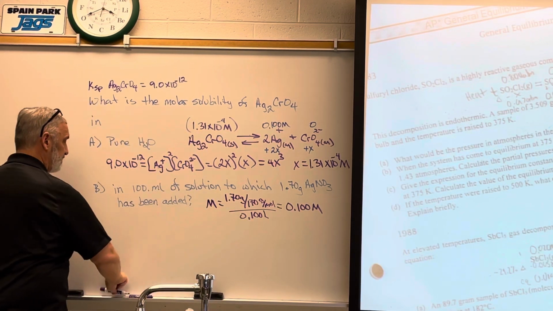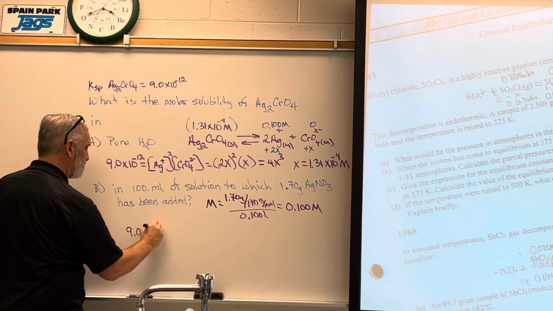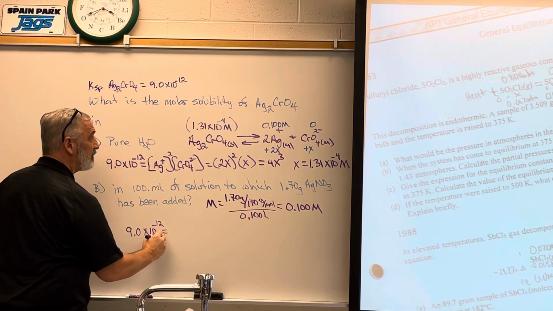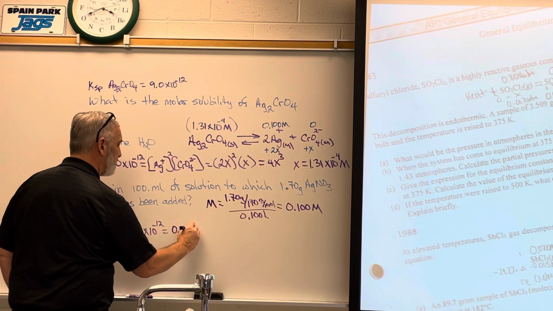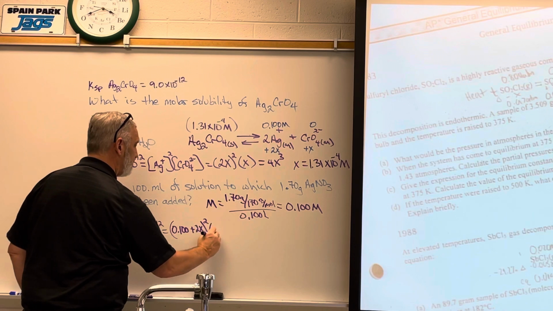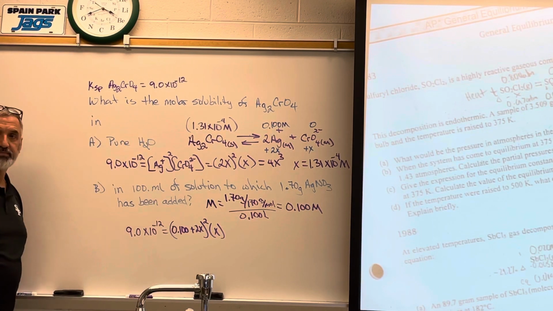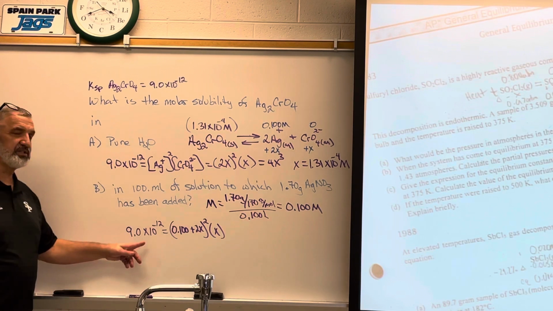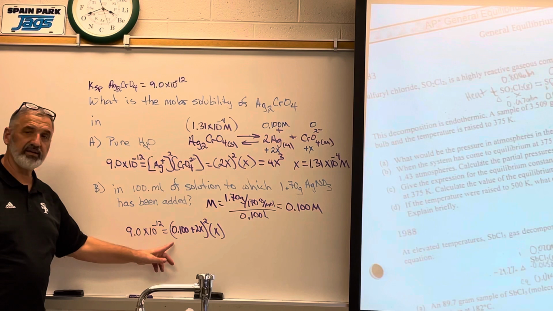So now 9.0 times 10 to the minus 12 is going to equal (0.1 plus 2x) squared times x. But again, what can we assume? 2x is very, very small compared to 0.1, because Ksp is so tiny.